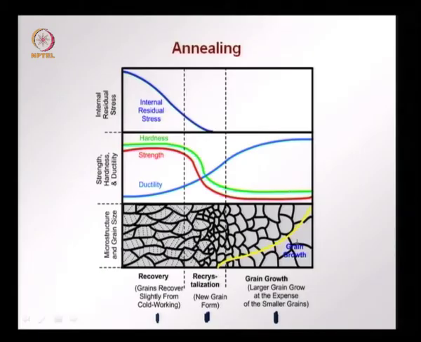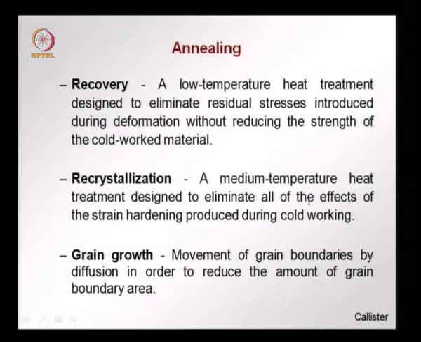Grains now start to grow, that is, instead of the small grains we have larger grains. This yellow line shows the grain growth. So, larger grains now form, less grain boundaries and larger grains now occur. So, to look at it again, recovery is a low temperature heat treatment needed to eliminate residual stresses that we have introduced during deformation during the cold working.